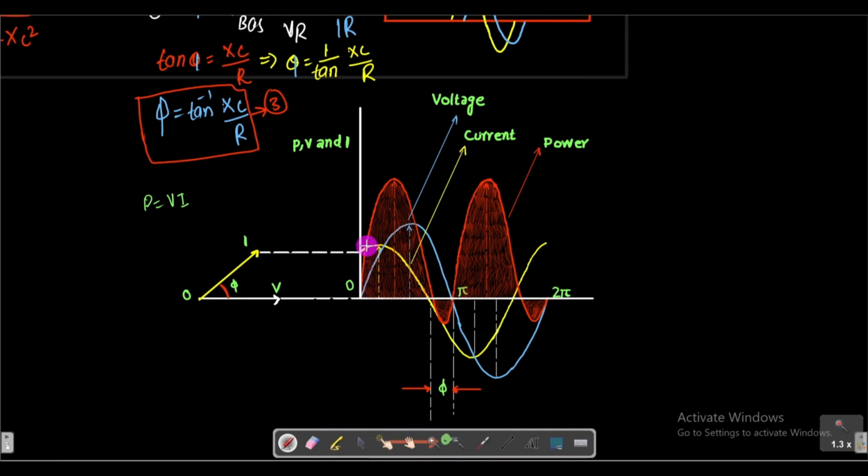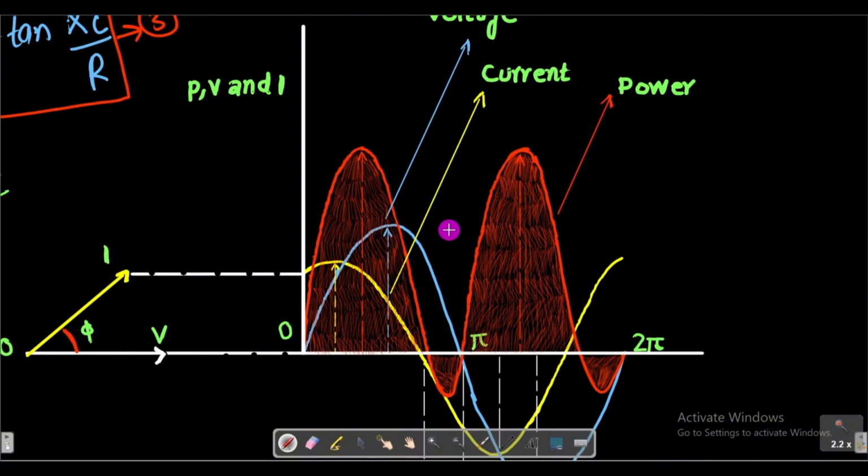Here this red shaded region is actually the power representation, given by the multiplication of the current I and voltage V at each instant. From this reference line, above will be positive and below will be negative.